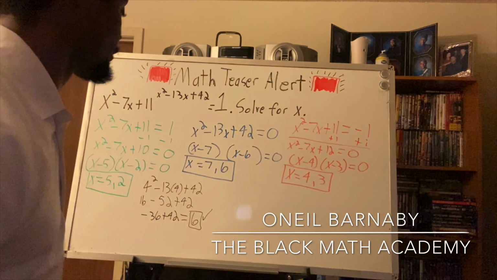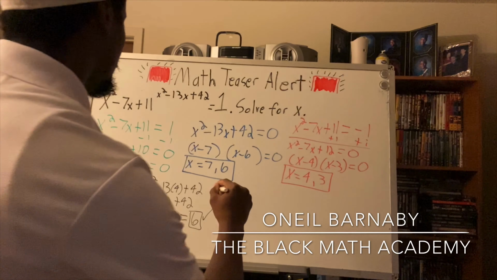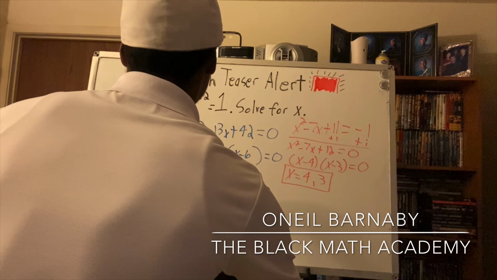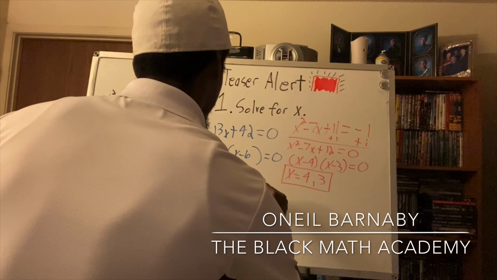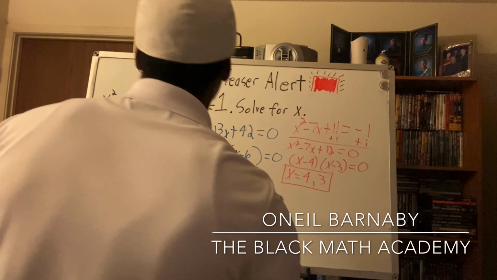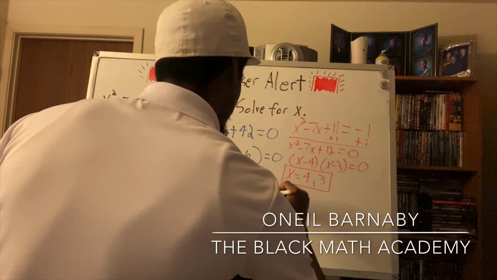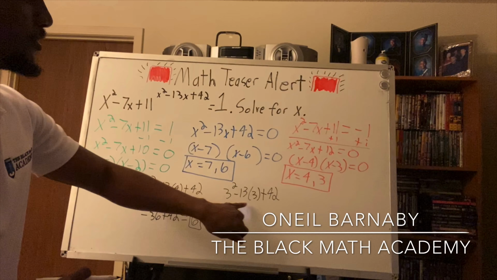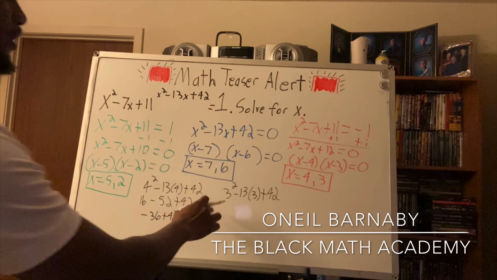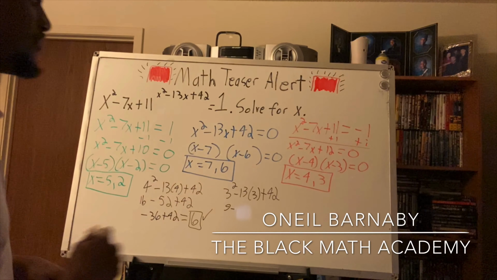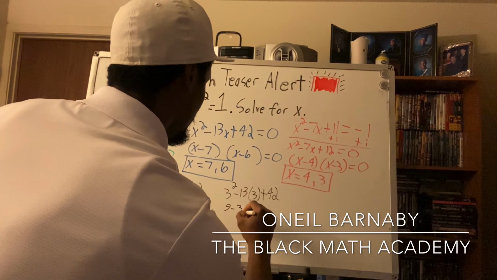Now we have to try it for 3. All right, so when we plug 3 into it, we get 3 squared minus 13 times 3 plus 42. 3 squared is 9. 13 times 3 is 39.